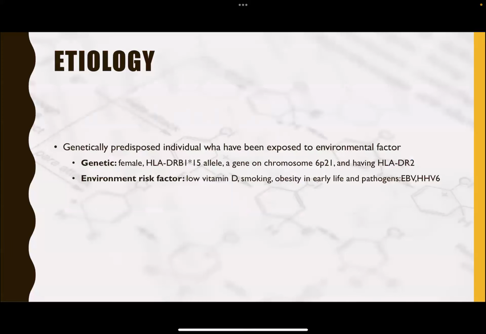The etiology of this disease usually occurs in genetically predisposed individuals who have been exposed to environmental factors. Being female and having the HLA gene DRB1, or HLA-DR2, or a gene on chromosome 6p21 will cause a person to have a higher risk of developing multiple sclerosis.